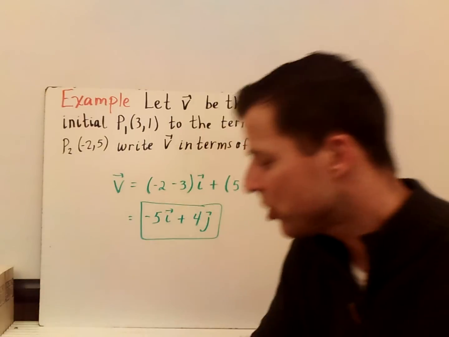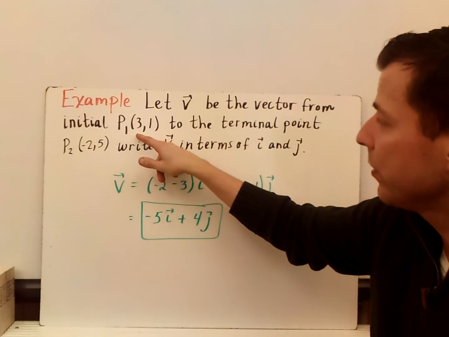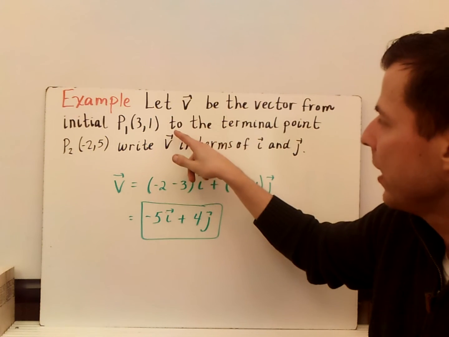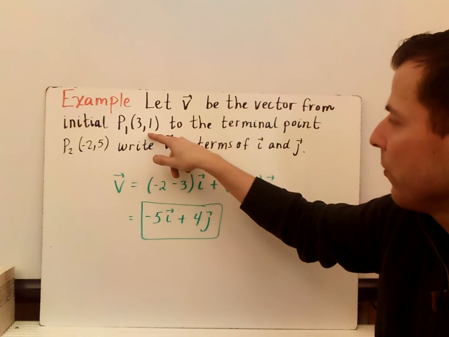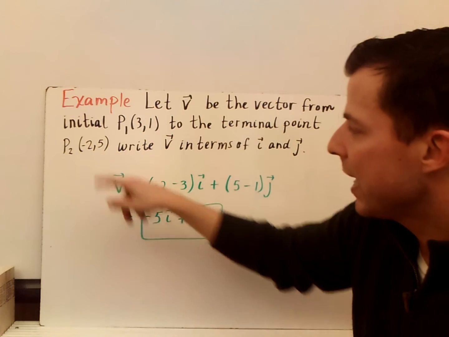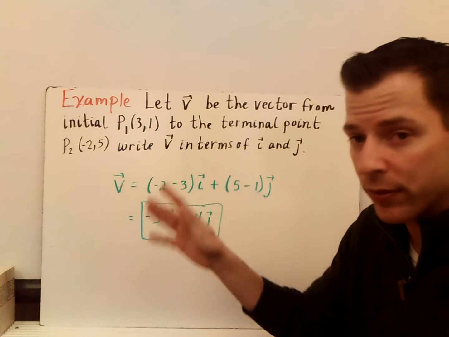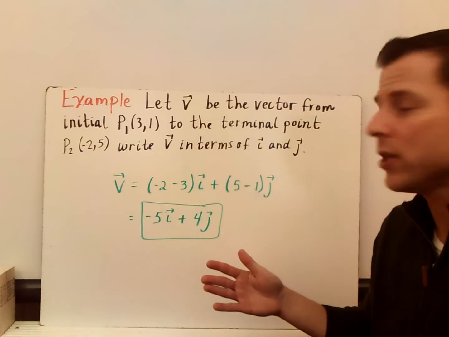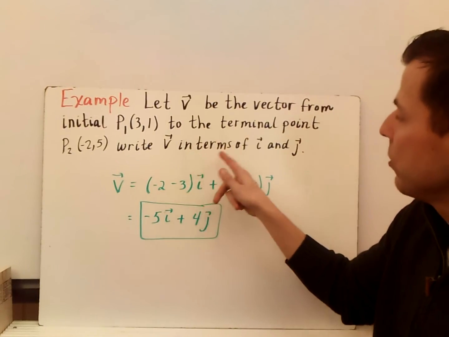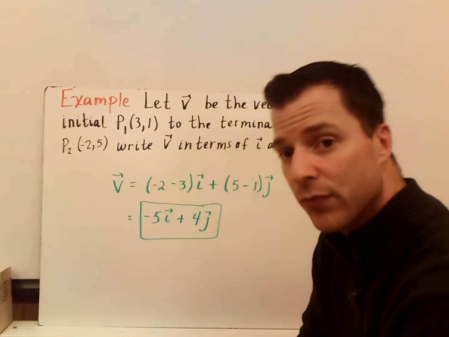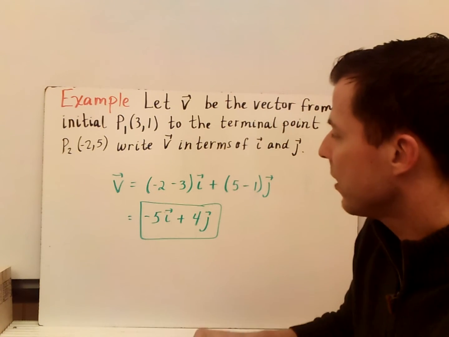The example I wanted to show you: let's say we have P1 at (3, 1). Let v be the vector from P1, (3, 1), to the terminal point (-2, 5). So we're not going through the origin. The tail is not at the origin. Write vector v in terms of i and j. So if we wanted to do that, we have to write our definition.